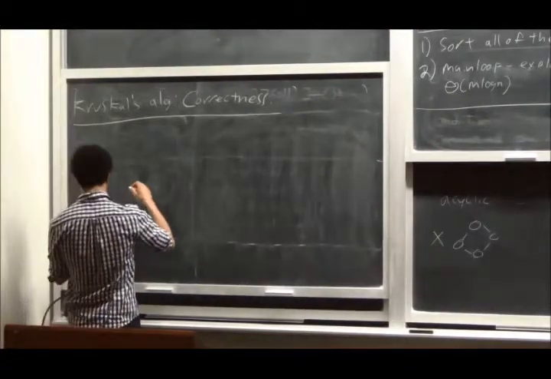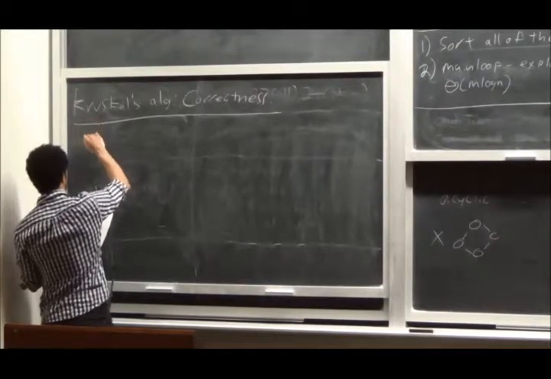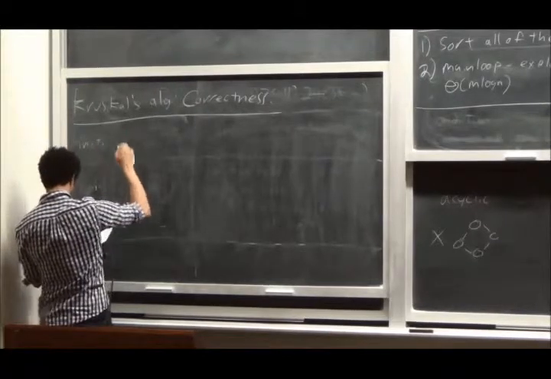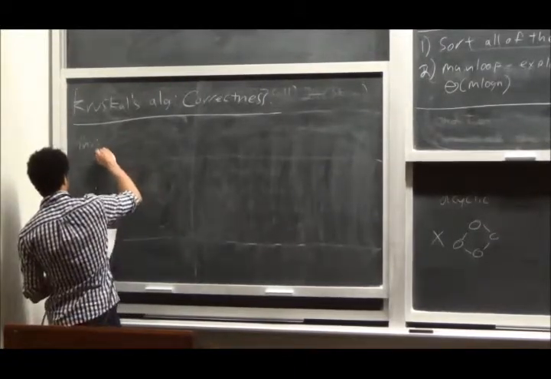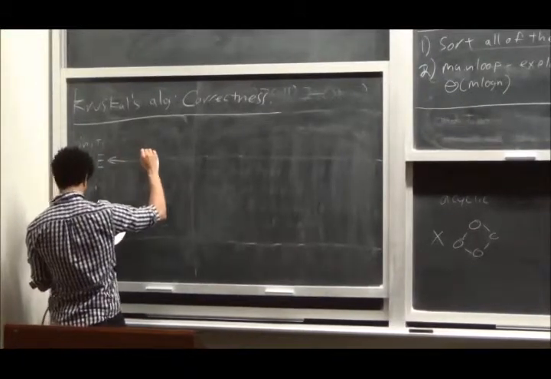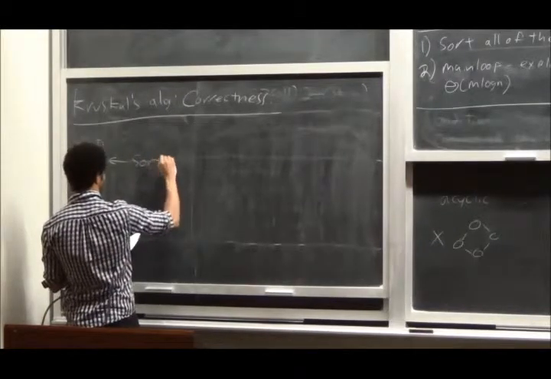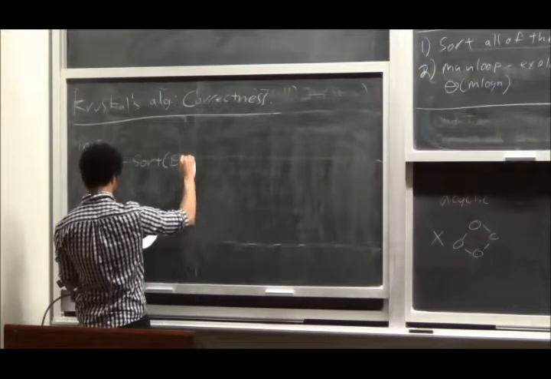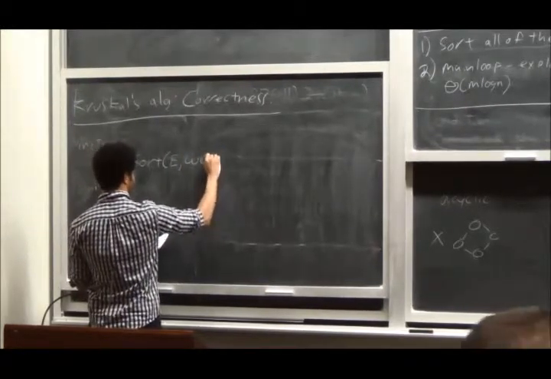So the algorithm is, first you have to initialize. And we're going to say that our set E is assigned to, so I'm going to use this funky notation again, where I say that we sort a set by the weights of the edges.